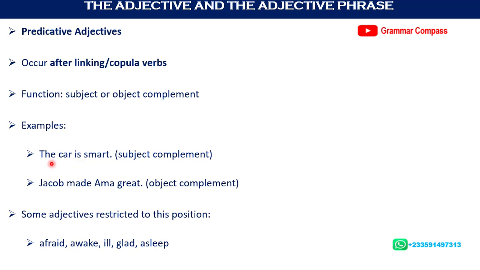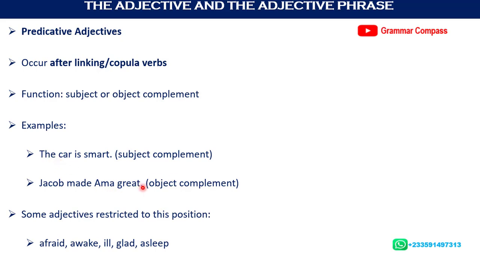For example, the car is smart. Here, smart is describing the car. It is a predicative adjective. It comes after a copular verb. So if adjectives come after copular verbs, then they function as complements of the subject. So here, smart is a complement of the car.